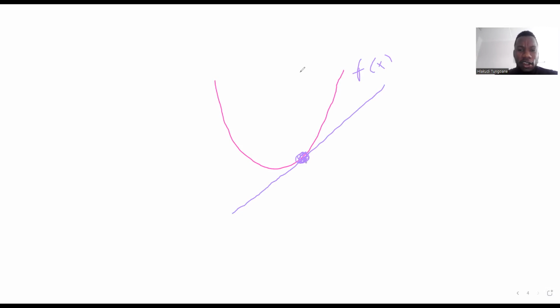At this point, two things are happening. One is that the gradient of this line at this point is the same as the gradient of the function at this value of x. This will become very clear when you get to the calculus section.